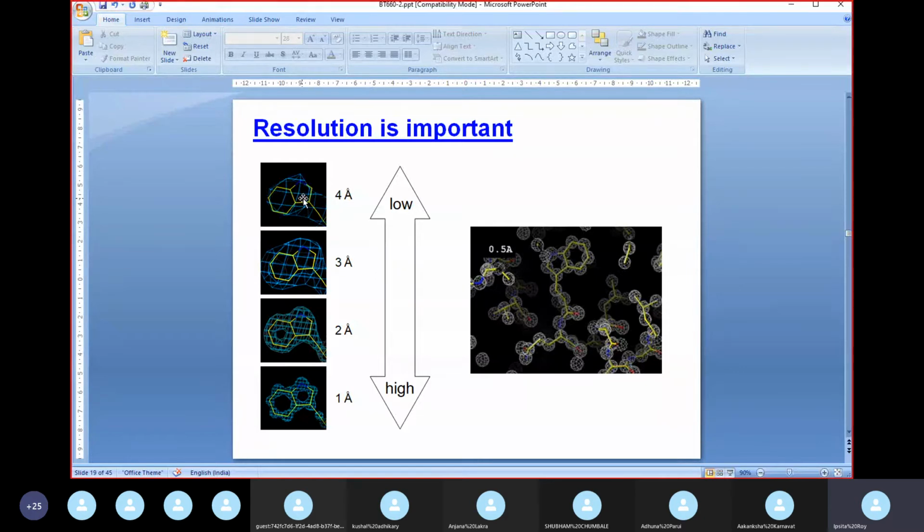I will not be able to resolve them. So the resolution is poor. If I compare, this is the same structure, but I am now visualizing it at a 1 angstrom unit resolution. So I am now able to see those atoms which are even at a distance of 1 angstrom unit.